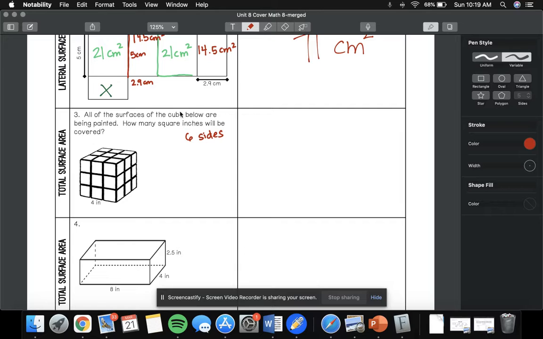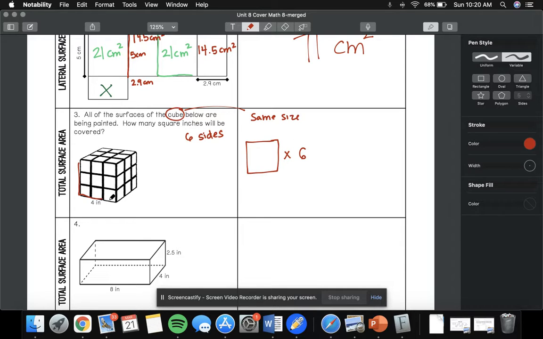So the cool thing about a cube is that they are all the same size. Okay, so that means this front right here is every single size is on every single side. So we have 1, 2, 3, 4, 5, and we have the bottom. So we are just going to find the area of one side, and we can just multiply it by 6.